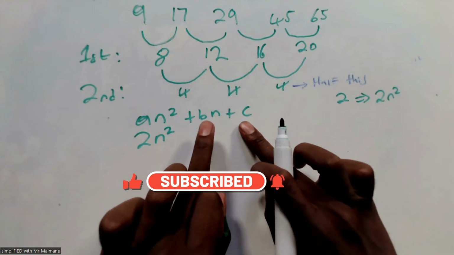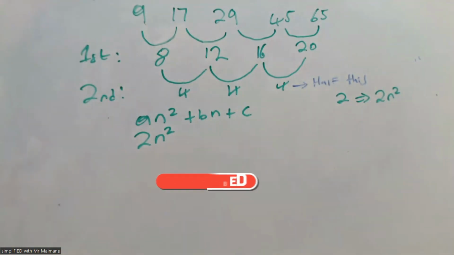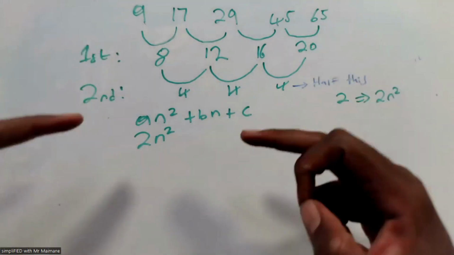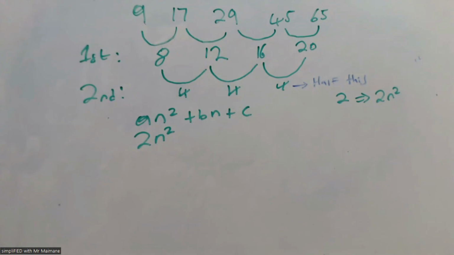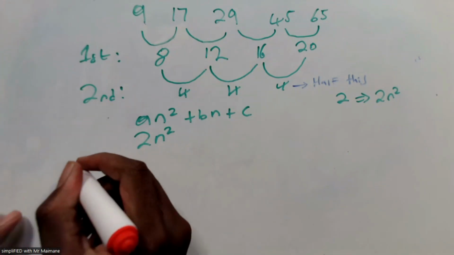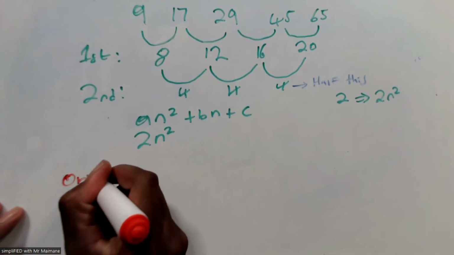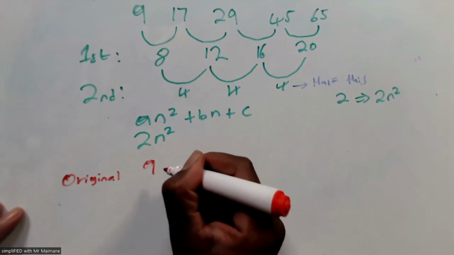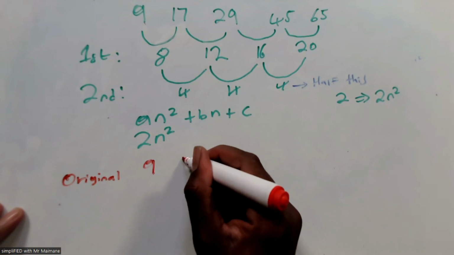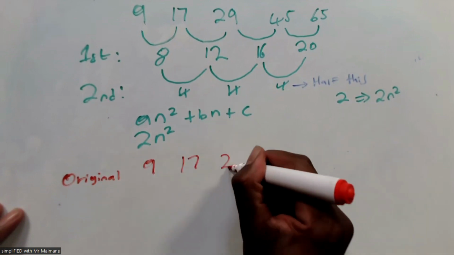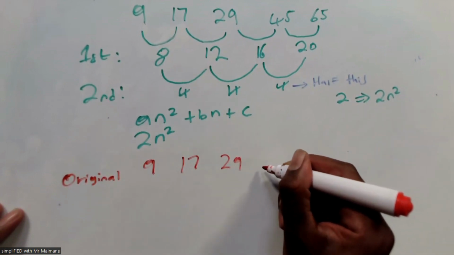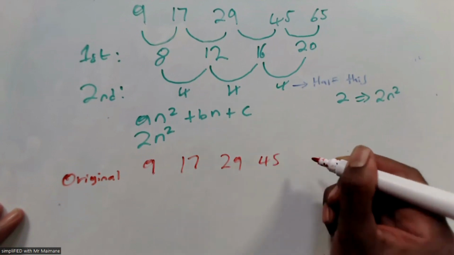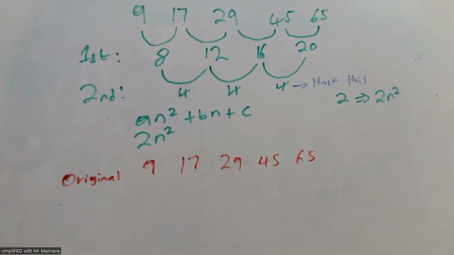Now, to get the other two terms, the rule was to take the original sequence as it is and write it here. So my original is 9, 17, 29, 45, and 65.